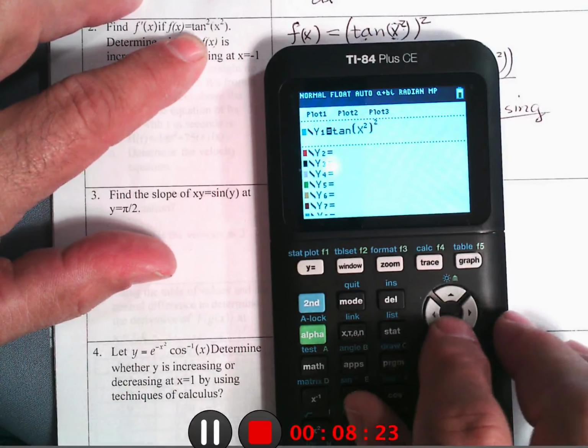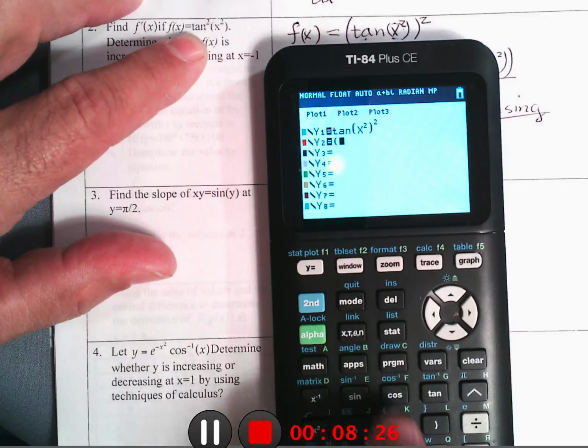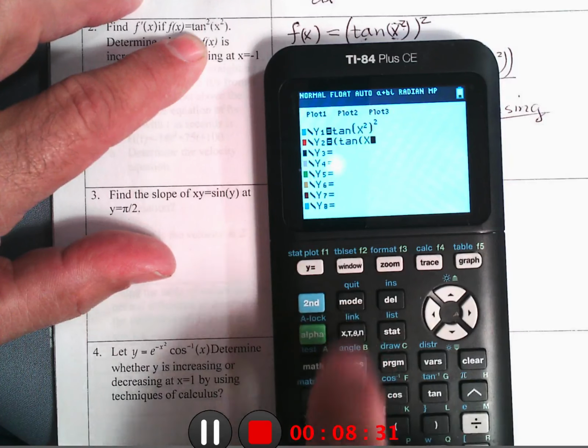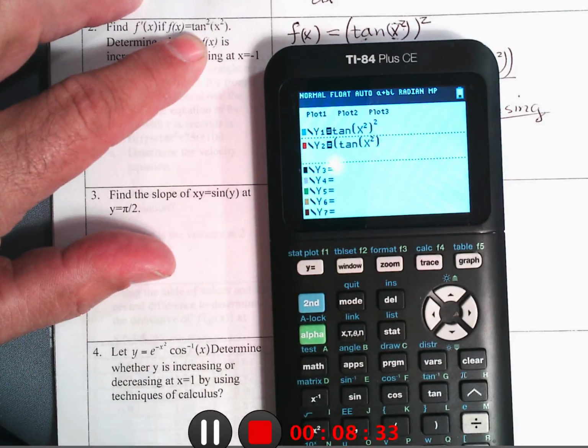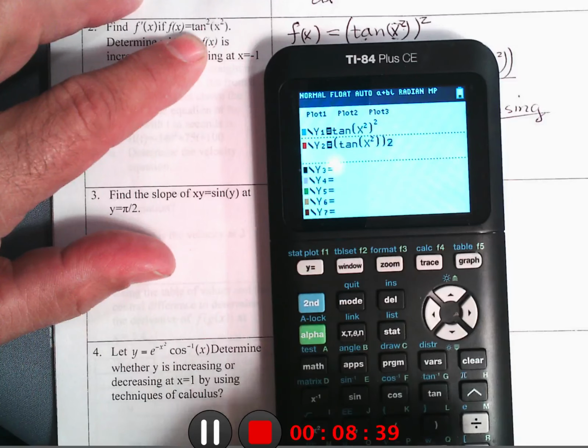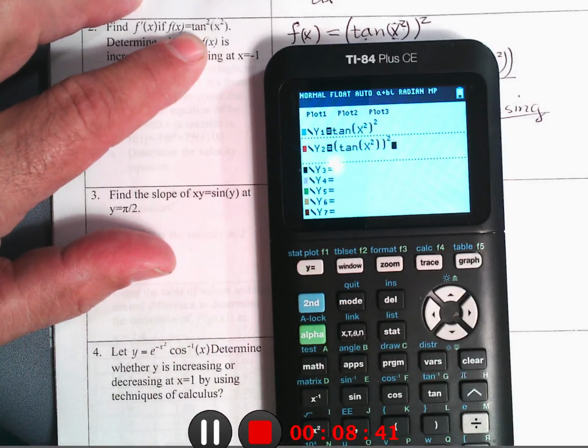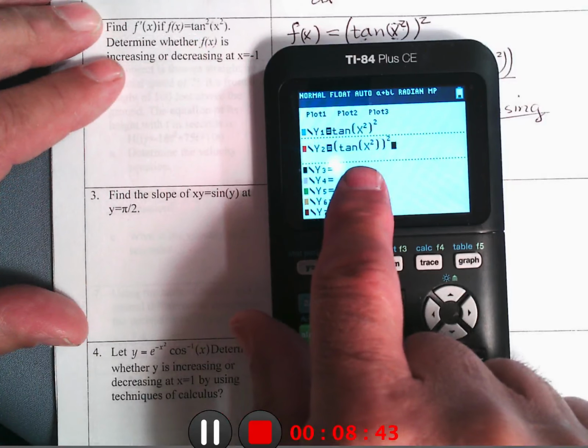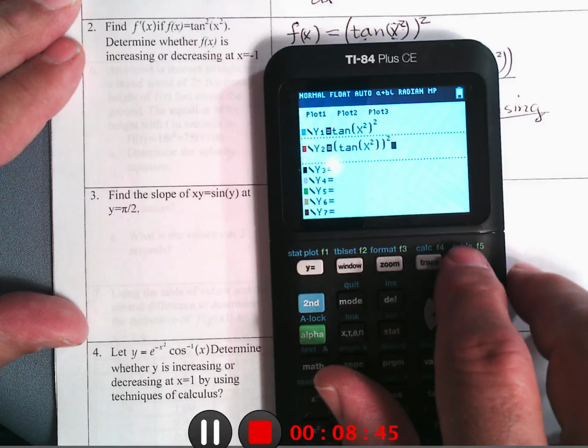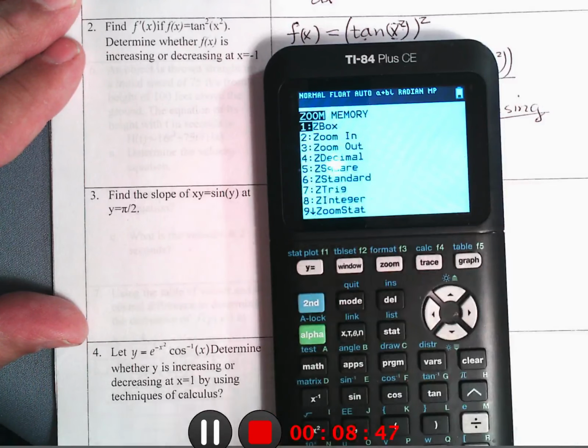I'm going to go parenthesis, tangent of x squared, close a parenthesis, the whole thing squared. I think these will come out the same. Let's see. We'll graph on Zoom trig 7.